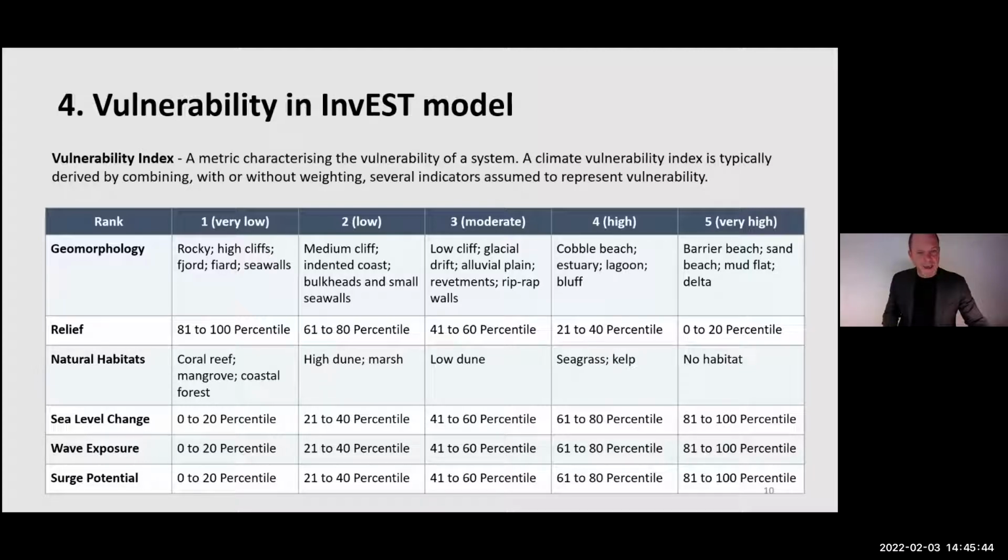Even, I know this is questionable as well, but even the classification of very low, low, and moderate, it's difficult to make this universal. I think percentiles are very useful. 20% makes a lot of sense because you have 5 different levels or degrees, but perceptions of risk are different.